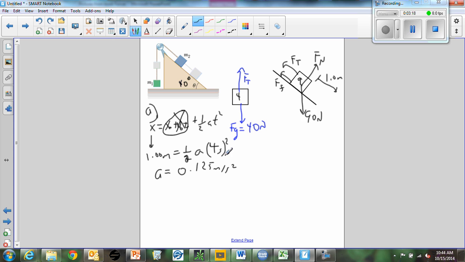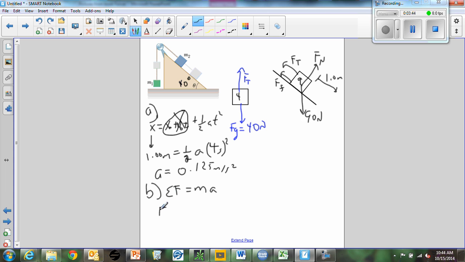Okay, the next part they ask us is to find the tension. The simplest one to find the tension is the hanging one, because there's only 2 forces on it. So for B we use the sum of the forces, net force, which we don't know, equals ma. F T and 40 newtons are opposite, so I subtract them; down is negative, so 40 is negative.